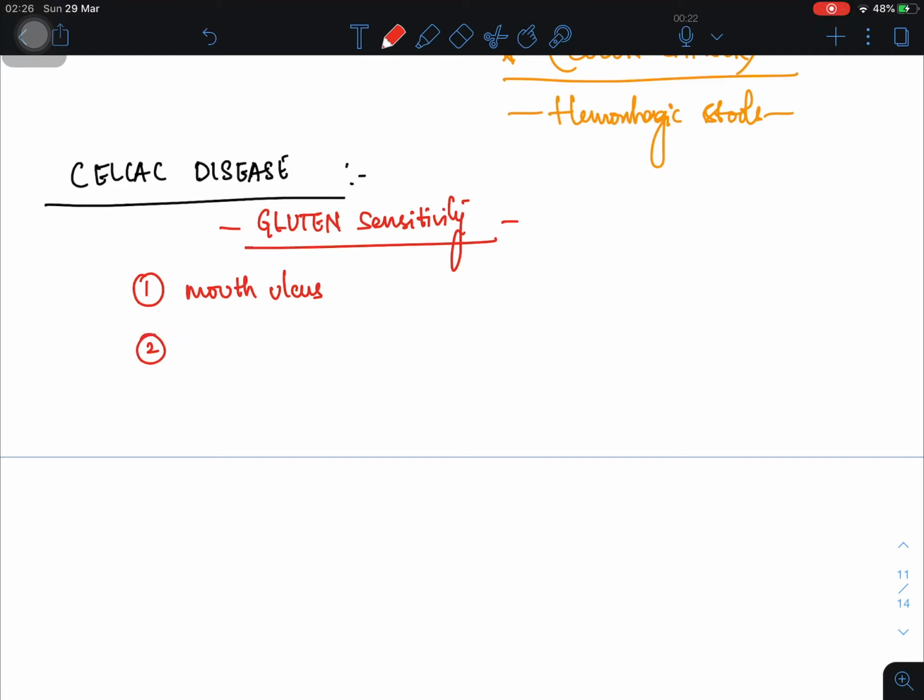Second thing is dermatitis herpetiformis. It means the patient will have a rash in the form of a herpetic rash. That is why it is called dermatitis herpetiformis.